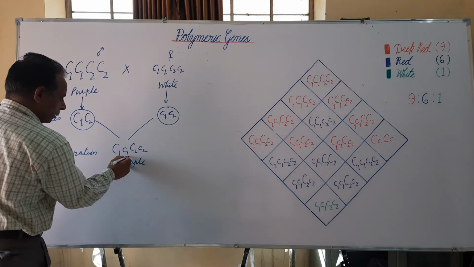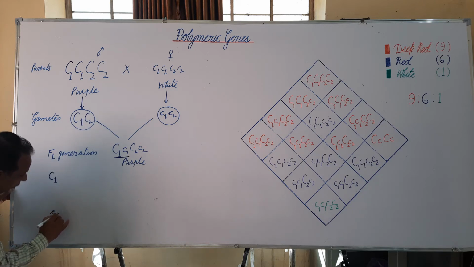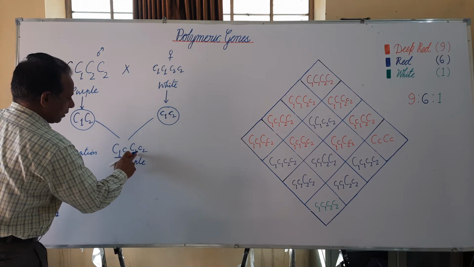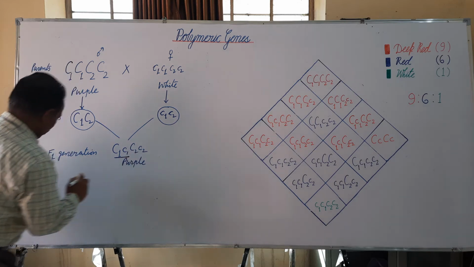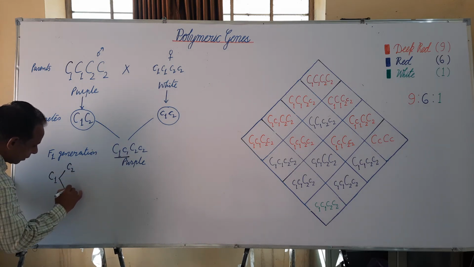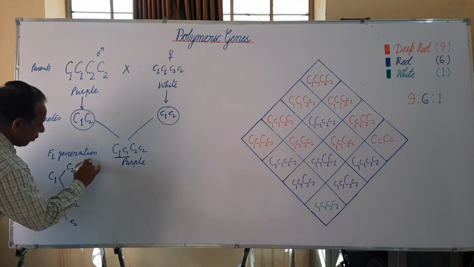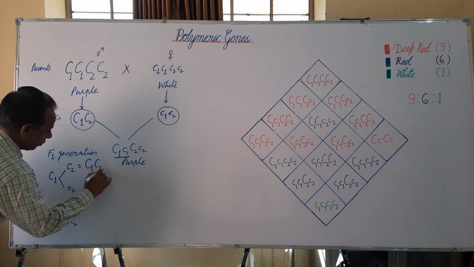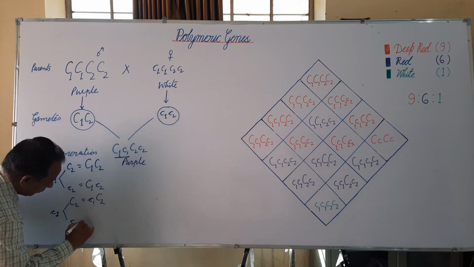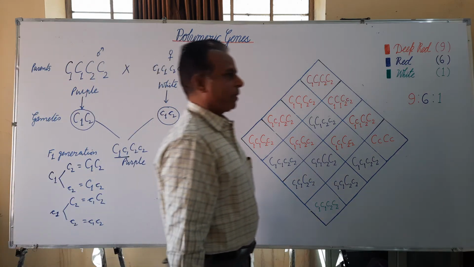During gamete formation, the members of the allelic pair separate, meaning capital C1 separates from small c1, and similarly the members of the other allelic pair, capital C2 and small c2, also separate and join either member of the first allelic pair, to form the four types of gametes: capital C1 capital C2, capital C1 small c2, small c1 capital C2, small c1 small c2. So four types of male and female gametes are formed.